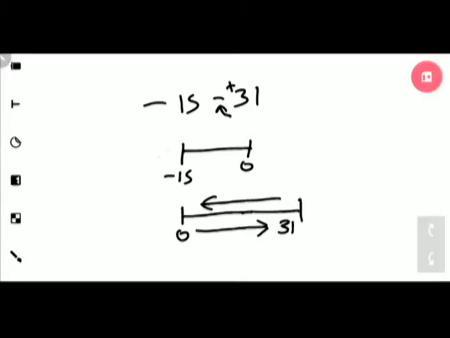So that means we need to go backwards 31. So 15 plus 31 is going to be a negative 46, because we are subtracting, so we have to move the opposite direction of this value.